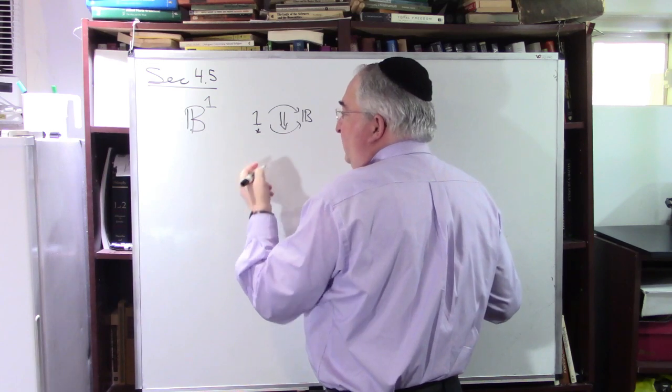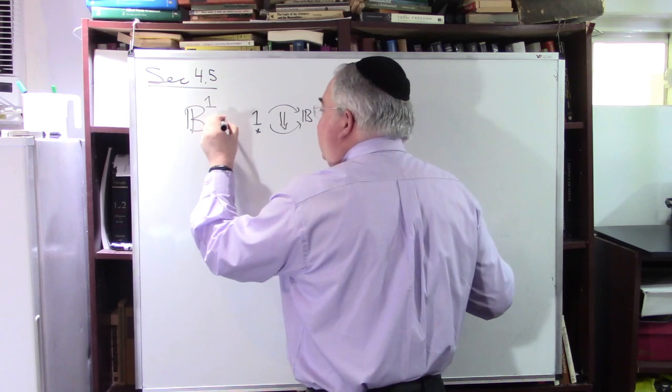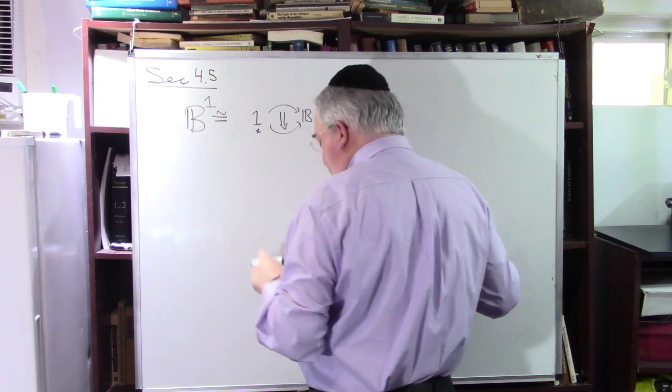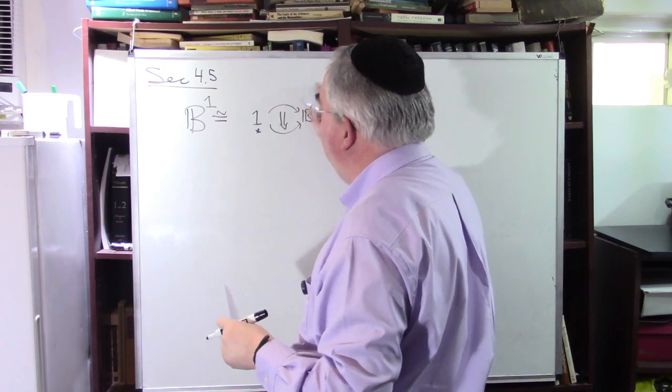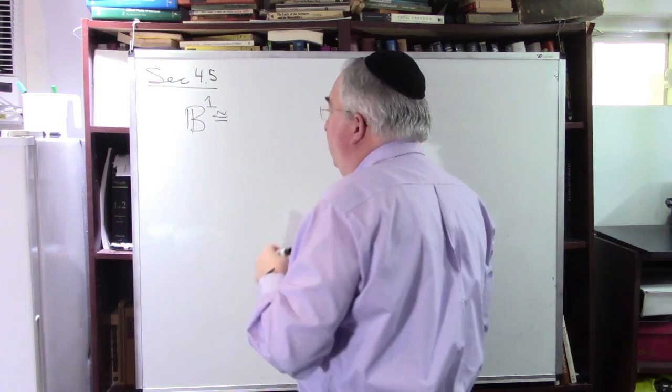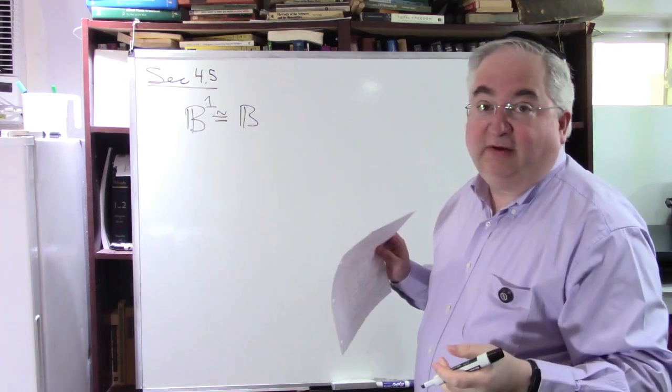So basically, that's a morphism in B. In other words, this is a category of functors and natural transformations, but it's isomorphic to the category B itself.